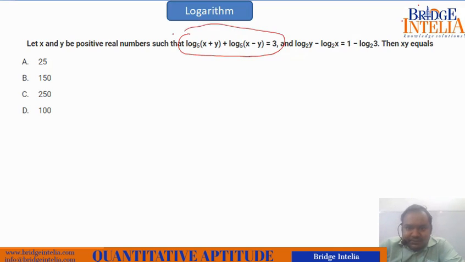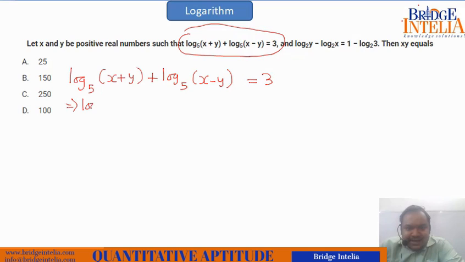So this can be rewritten as log (x plus y) to the base 5 plus log (x minus y) to the base 5 is equal to 3. Base is same, so log to the base 5 of (x plus y) into (x minus y), so this becomes x square minus y square, and this is given to us as 3. Why?